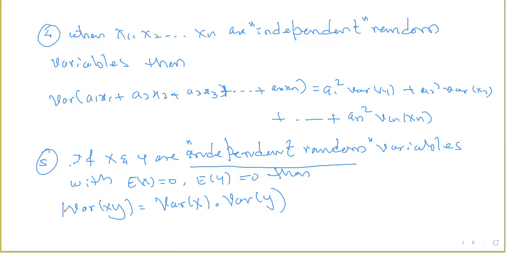This variance of xy is equal to variance of x into variance of y won't work if they are dependent. If they are independent, then only it works, right? So these are some few properties regarding variance of bivariate case. Now we have some examples. Two examples we will solve.